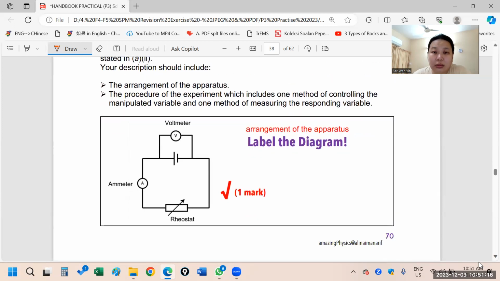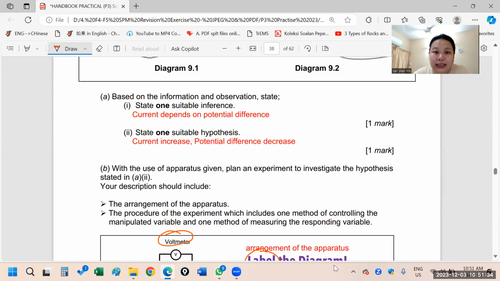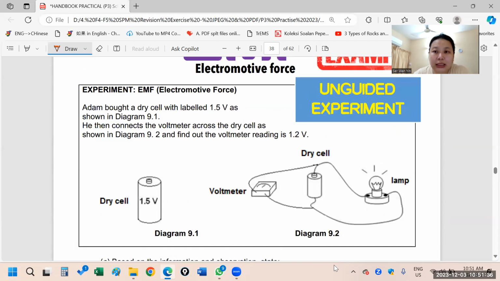Let's say you need to draw the apparatus. Please label: V voltmeter, A ammeter, rheostat, battery, then the connecting wire. For example, this is an unguided experiment.